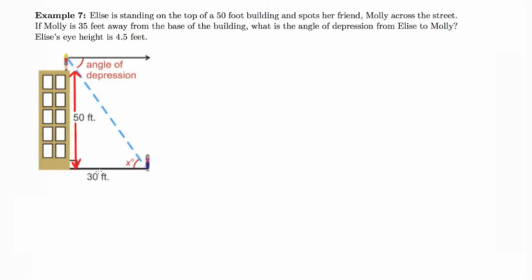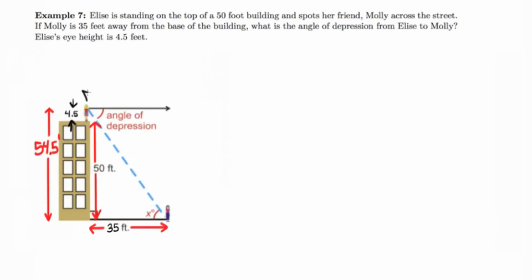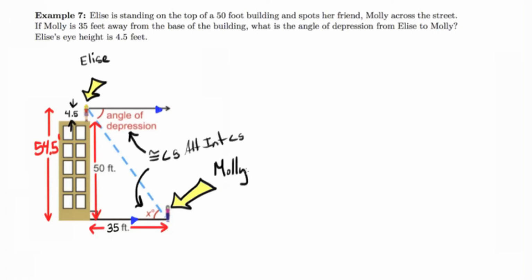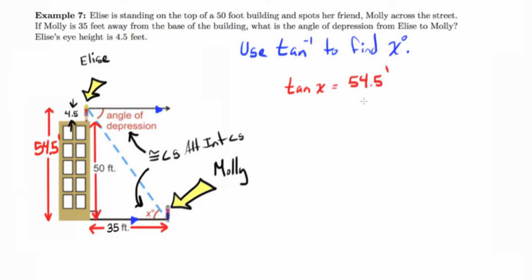Okay, lastly, example 7. Lisa is standing on top of a 50-foot building and spots her friend Molly across the street. Molly's 35 feet away. The drawing shows 30. The problem says 35, so I'm just going to fix that for 35. And Lisa's height is 4.5 feet. So I'm going to use inverse tangent again.